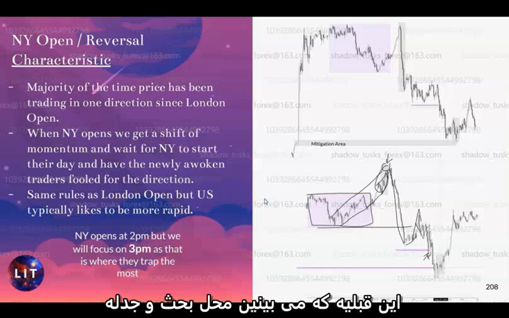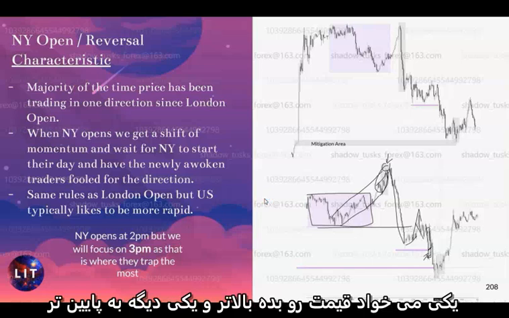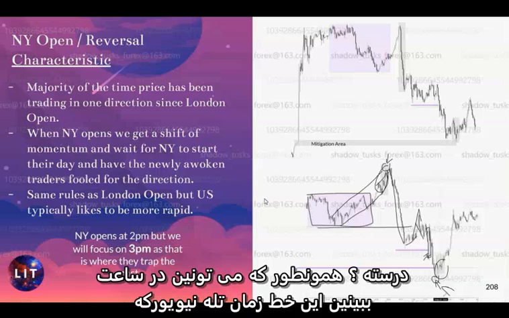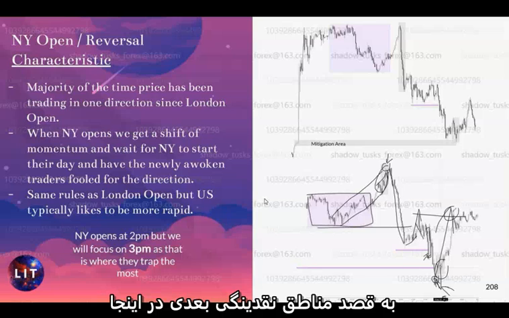You see this little wick where they have this argument, like, oh, I want to push price higher, no, lower. And finally, this is the final inducement in New York trap time, right? As you can see on the clock. Again, this line is 25, so this is literally 5 to the clock, at 3 o'clock, New York trap time, and then they're pushing price higher for the next liquidity zones in here.